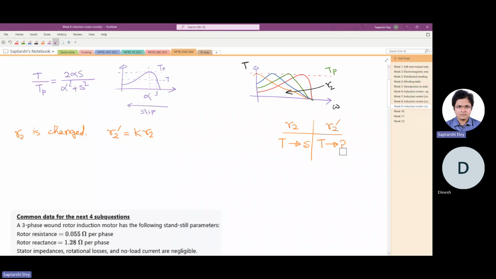Or in other words, if the same value of torque appears at a certain value of S prime, then what is the relation between S and S prime that we are going to calculate?